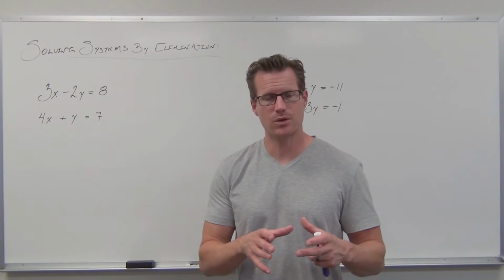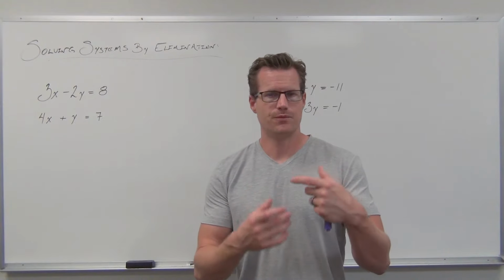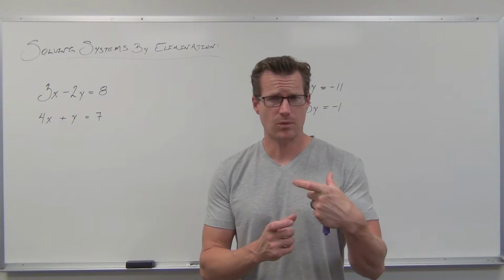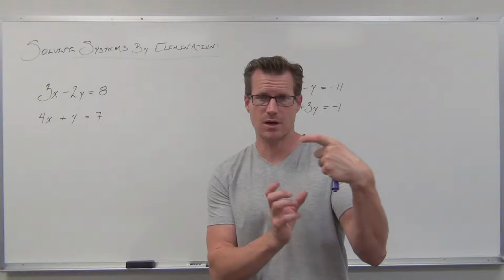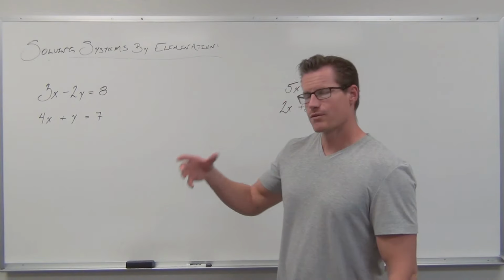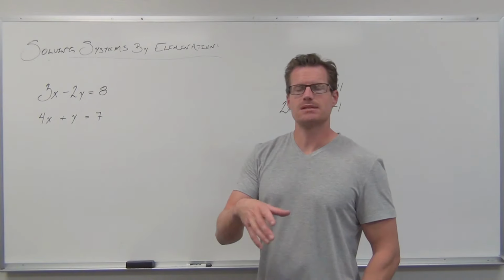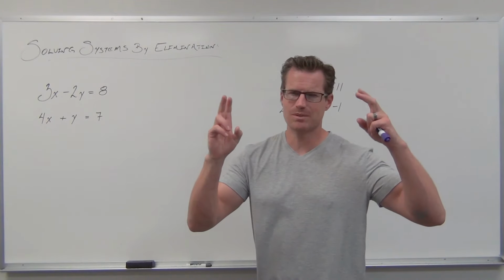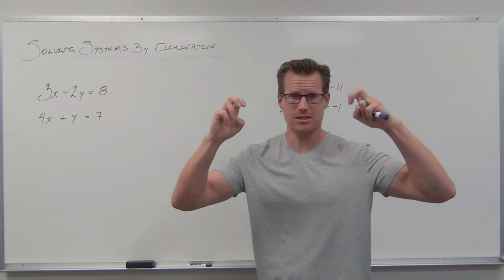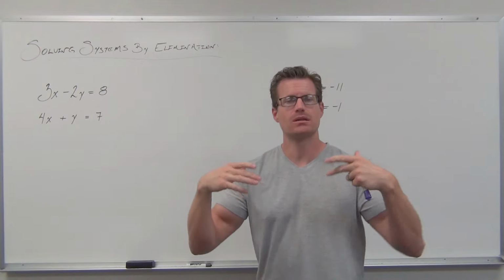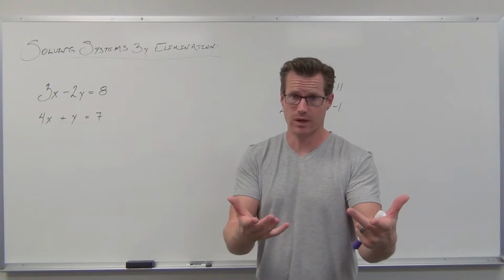That right there is going to determine what pair of variables we're going to make identical or opposite terms. So identical terms, opposite signs. Whatever your smallest LCM is, that's typically what we use. Some teachers say whatever's easiest to make the same. Whatever takes less multiplication, that's a great way to look at it also.